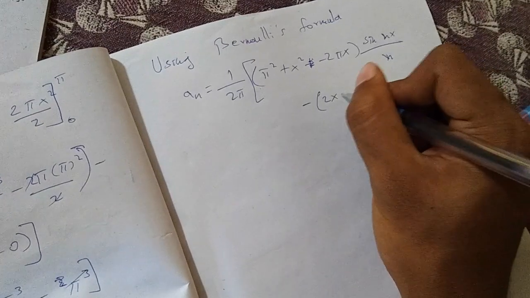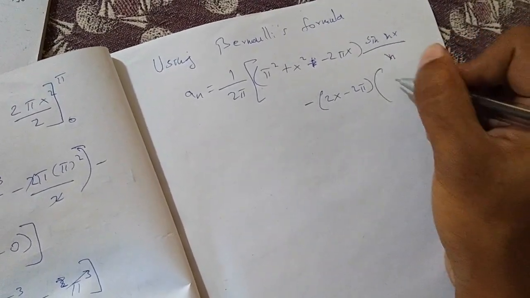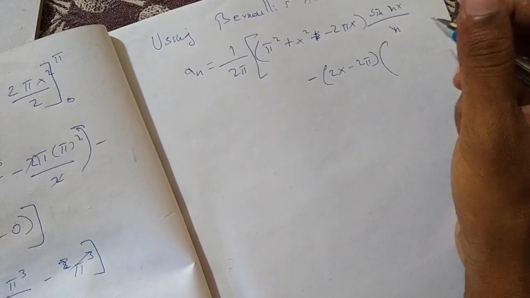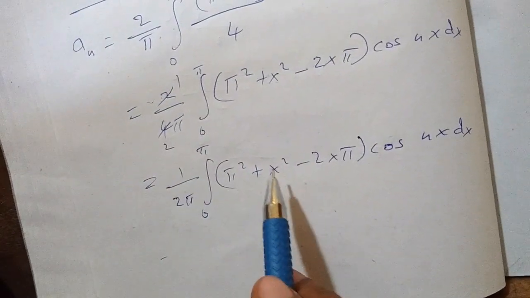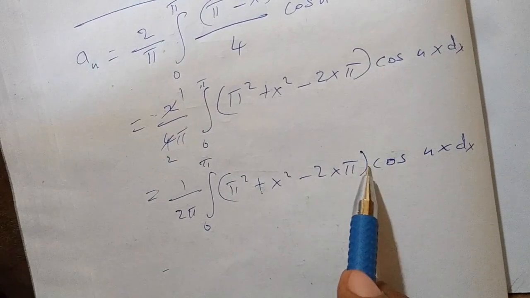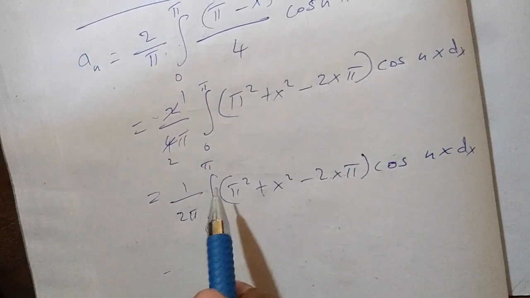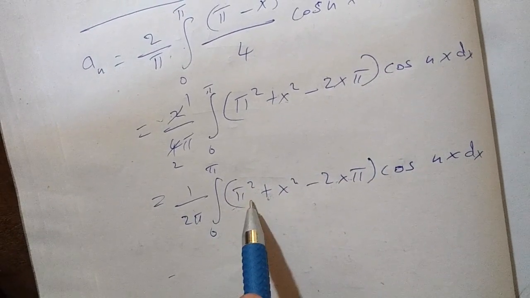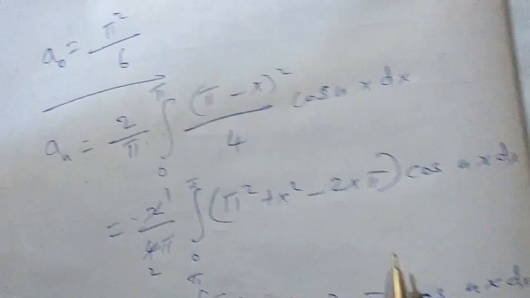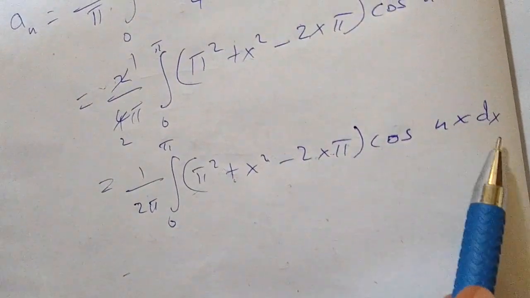It's 2x minus 2 pi. Let's see how this came by: while differentiating, this is 2x and then 2 pi, because this becomes 1. This number doesn't have an x, so it's 0 while differentiating. So 2x minus 2 pi. That's what is here. And then we're going to integrate cos nx dx.